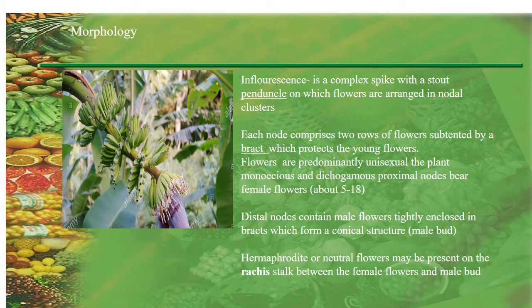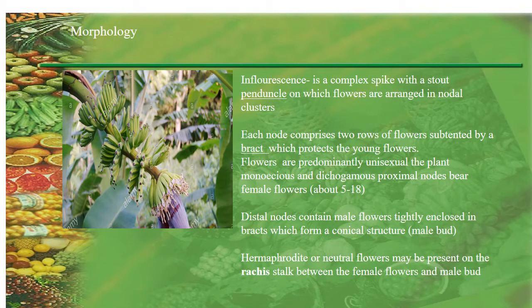Morphology: the inflorescence is a complex spike with a stout peduncle on which flowers are arranged in nodal clusters. Each node comprises two rows of flowers, subtended by a bract, which protects the young flowers. Flowers are predominantly unisexual. The plant is monoecious and dichogamous.